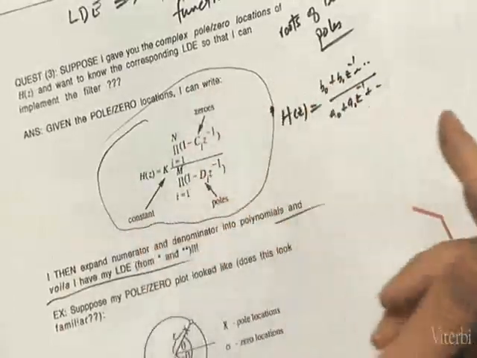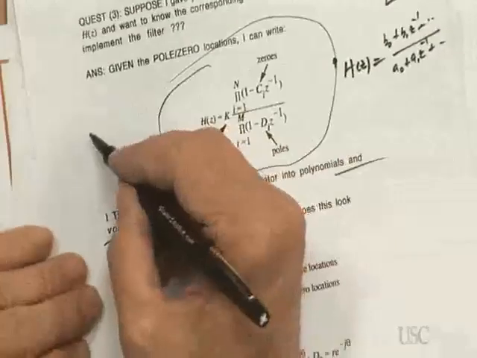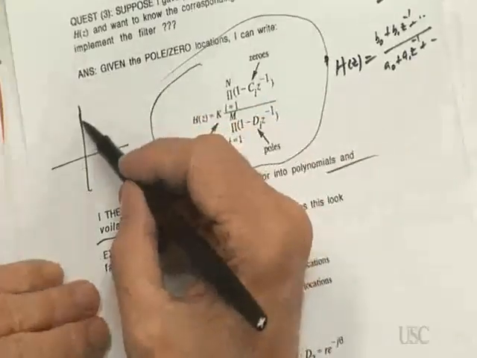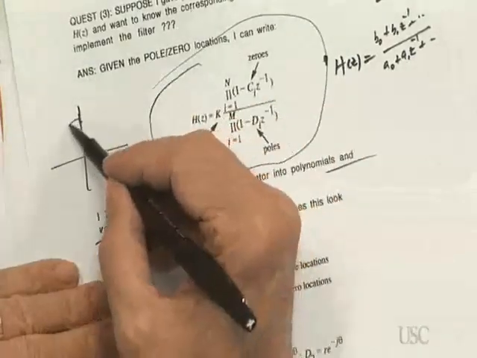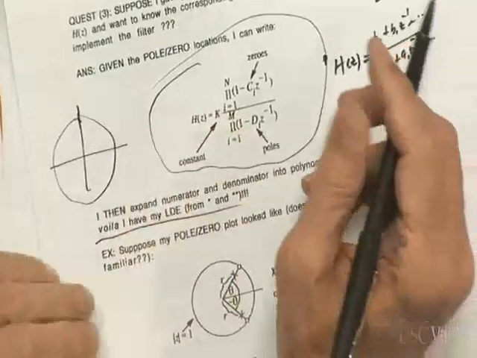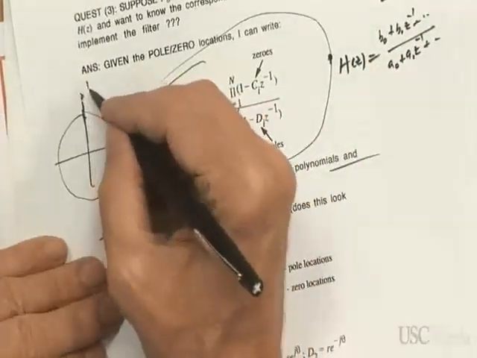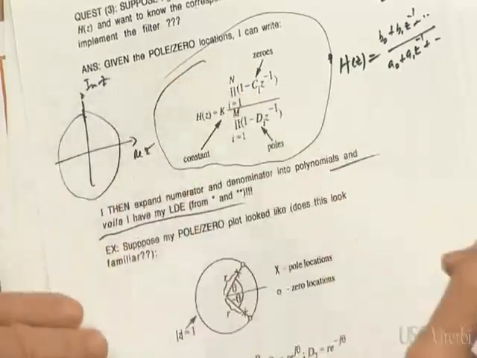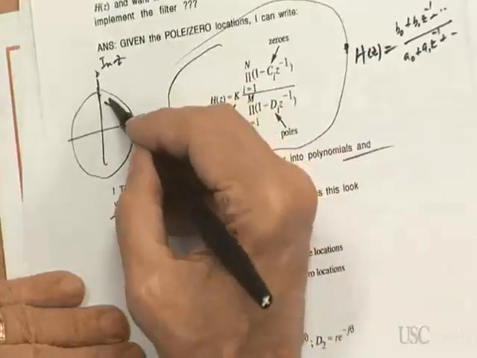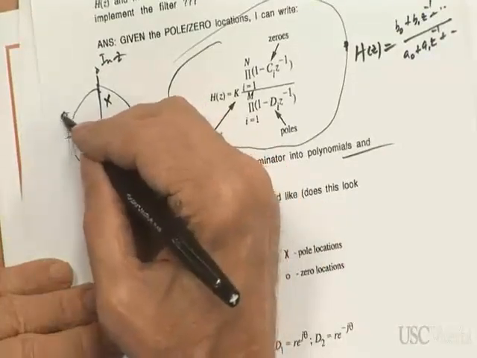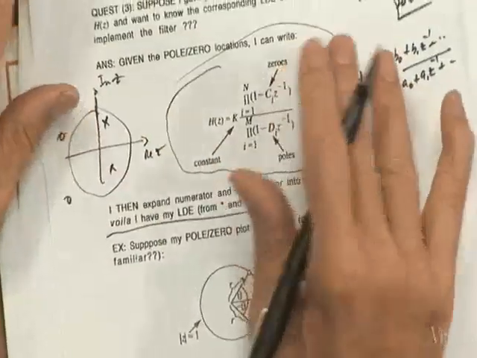If I give you the pole zero diagram, if I tell you, well, look, here is my pole zero plot. I always draw a circle, and I tell you, here's real of z and imaginary of z. And I give you the poles and zeros of H. Say the poles are like this, maybe there's zeros over here, wherever.